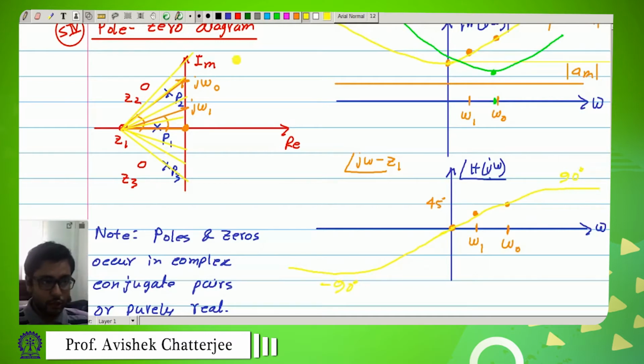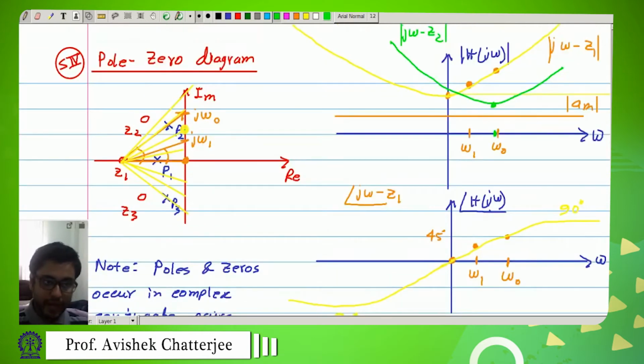Okay, now a very important fact, as you all know, this phase response curve should be antisymmetric, it should be an odd function, and that is what we are also getting from this process. In the same way, the magnitude response should always be symmetric.